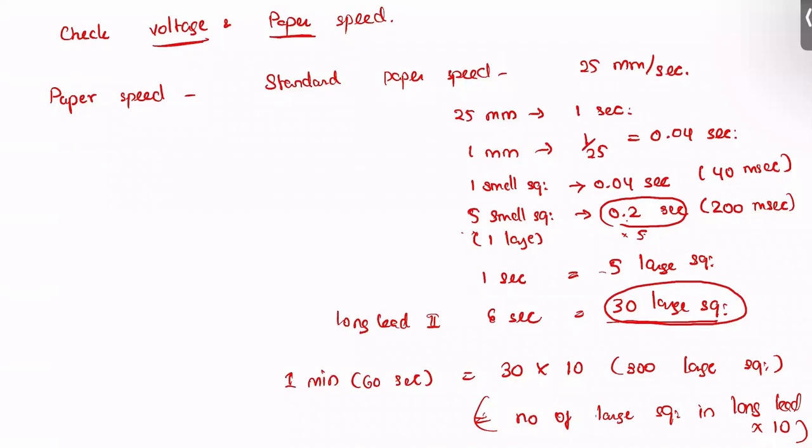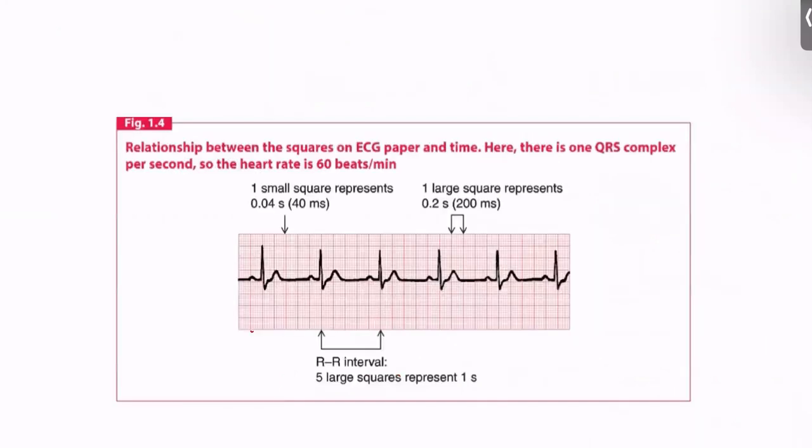Okay, so that is how to calculate it. That is the standard paper speed. If there is some paper speed abnormality, like if it is 50 millimeter per second instead of 25, the ECG will become double the normal width, and if it is slower, the ECG will become very compressed. Okay, so that is the normal paper speed.